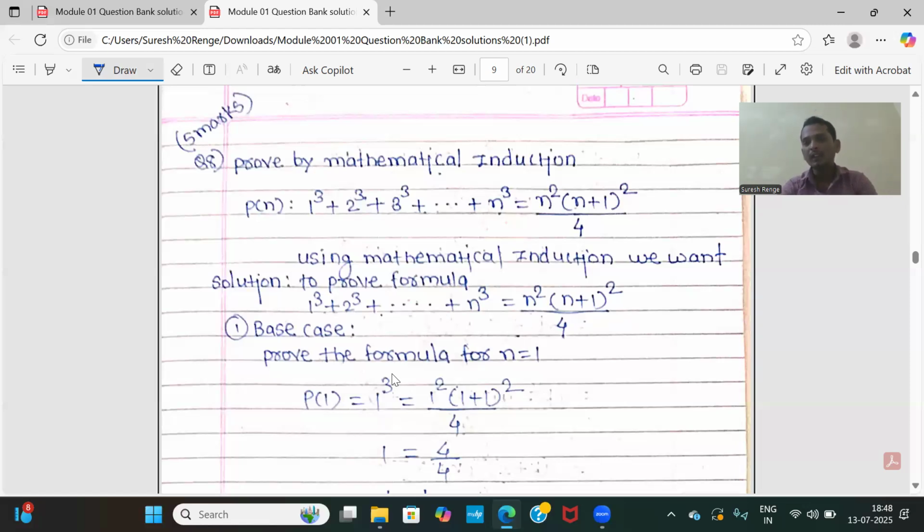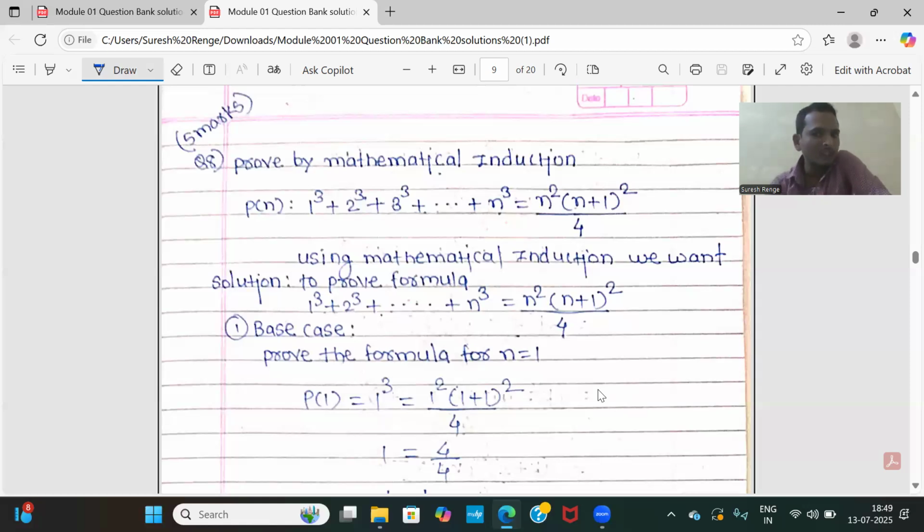The second case is the inductive case. What are we doing in that inductive case? In the inductive case, we are assuming that the given formula, the given statement, is true for some natural numbers or some positive integers. We consider that the statement is true for n equal to k for our convenience.